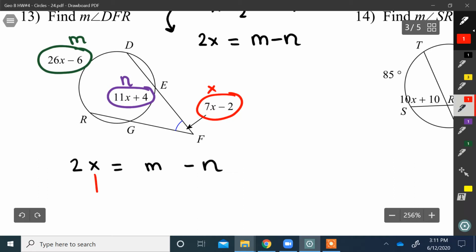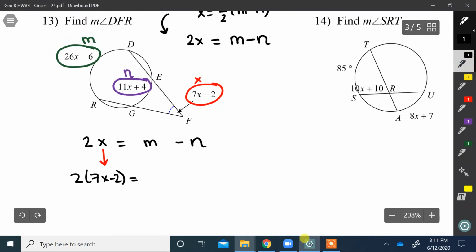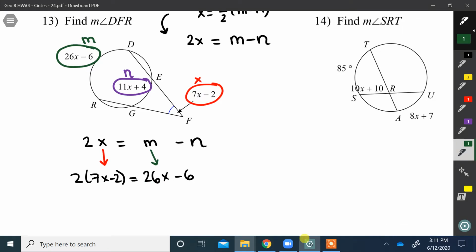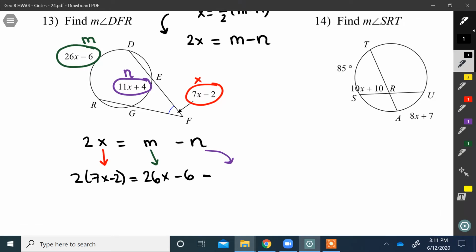The x in this case will be 7x minus 2. I'm going to write it in parentheses. 7x minus 2 is equal to the m in this case is 26x minus 6. Okay, that is the m right there. All this portion. And then finally the n. Here's where you have to be very careful. As you can see, the n, you have to put parentheses in there.